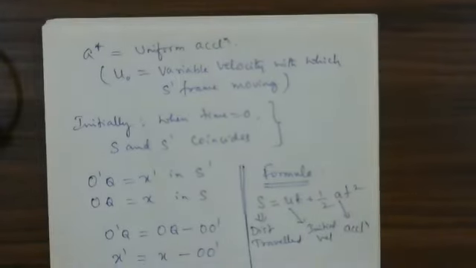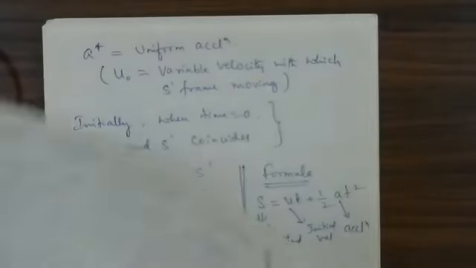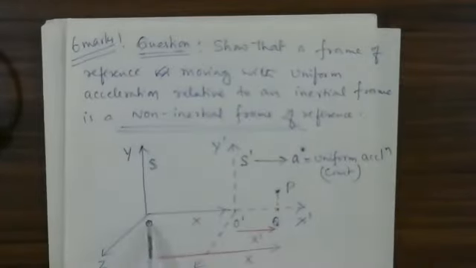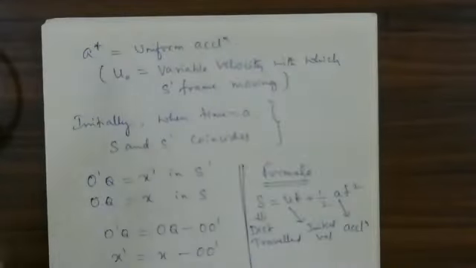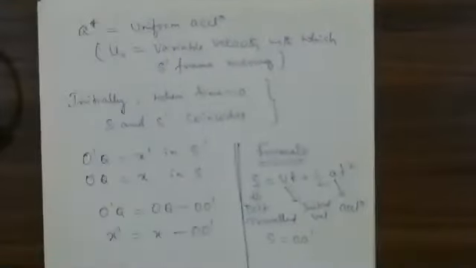But in this case, the distance traveled by the frame S dash is equal to how much? O dash is the distance traveled. Therefore, this S is equal to O dash.